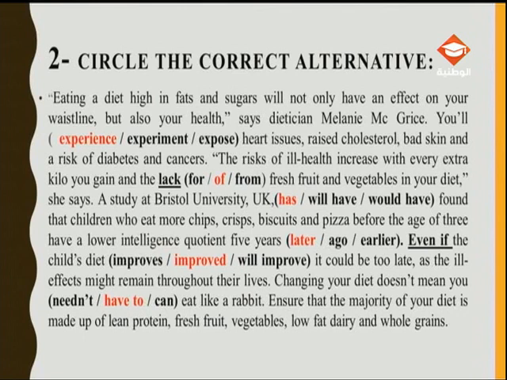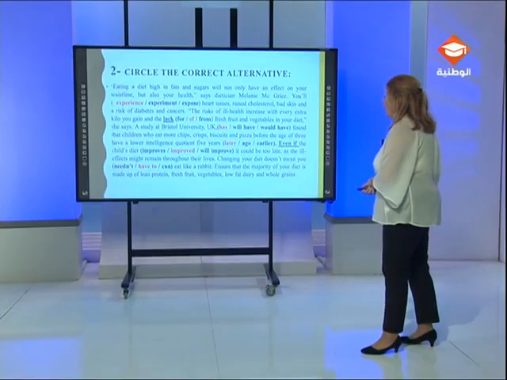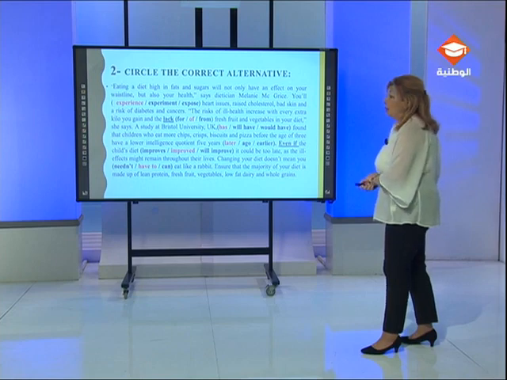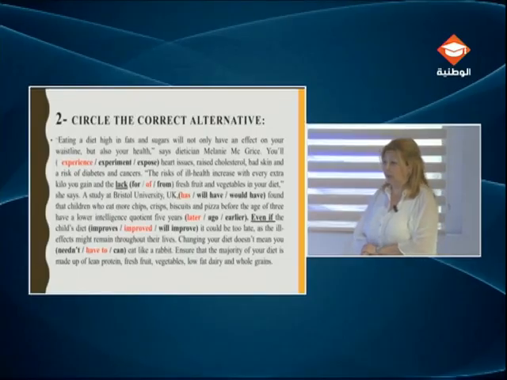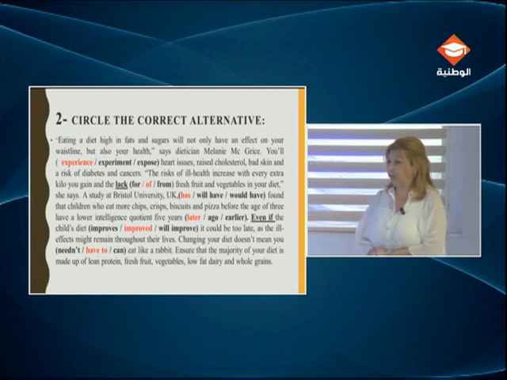Of course, these are prepositions. You have to know which preposition to use with the word lack. We say lack of. Lack of means shortage of. Lack of or shortage of means when we don't have enough of something. So lack of fresh fruit and vegetables.